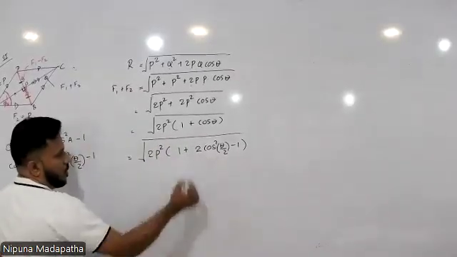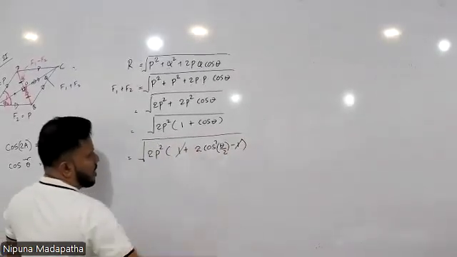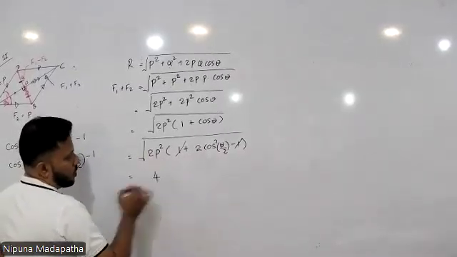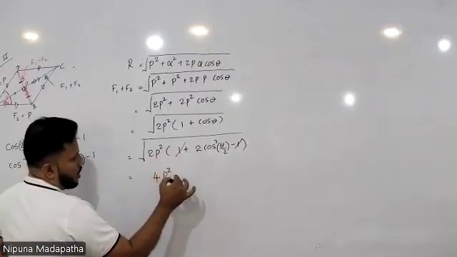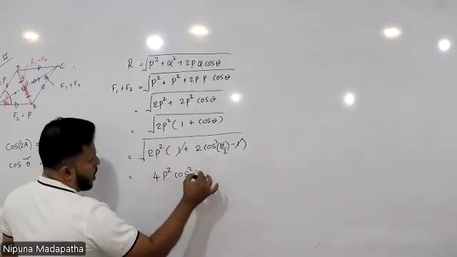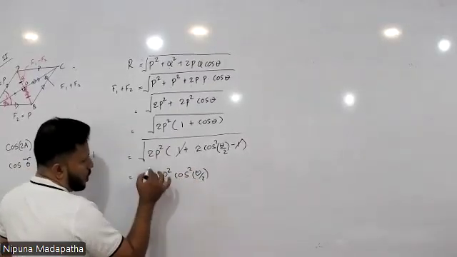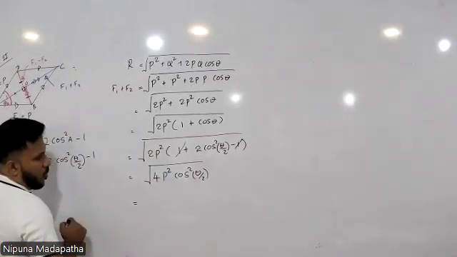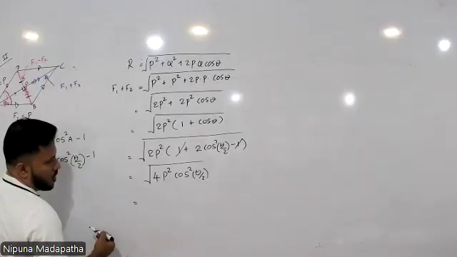Square root. So plus 1 minus 1 cancels. 2 into 2 is 4. So we have 4P squared cos squared theta over 2 under the square root of the whole expression.